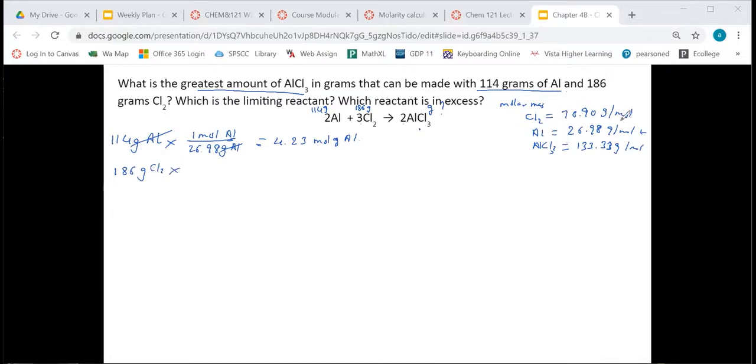And we're going to use the molar mass, which is 1 mole chlorine over 70.90 gram chlorine. The gram and gram cancels out, and then we have 2.62 mole chlorine. Okay, so up to here, you know how to do this.